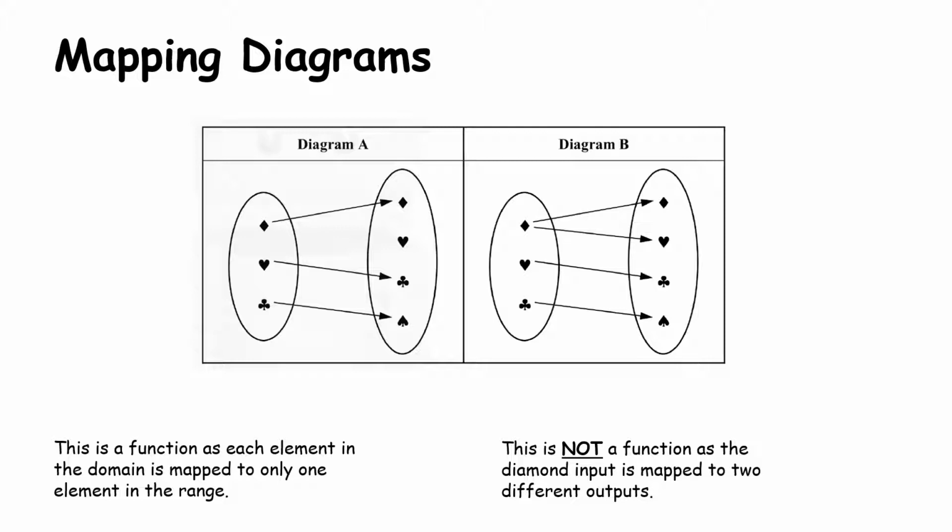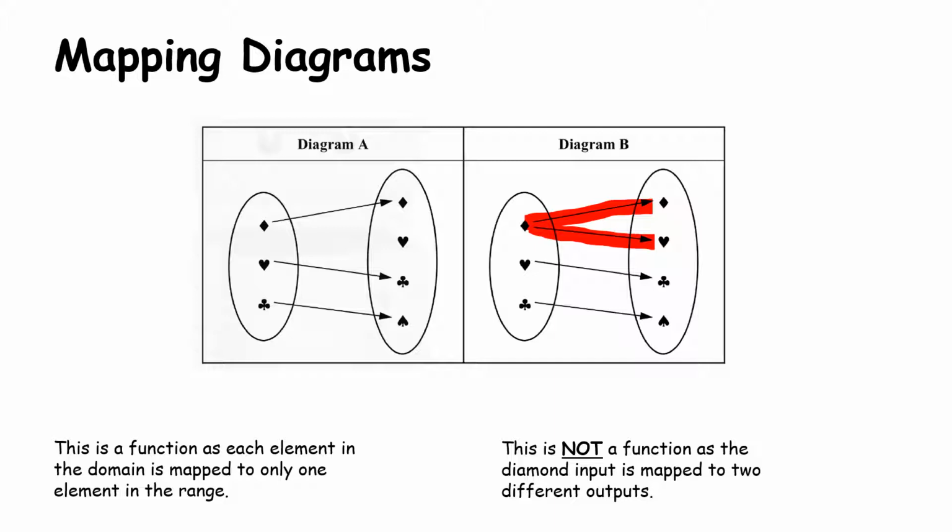The second diagram, diagram B, is not a function, and the reason for it is this. Here we have two mappings from one input. So this is not a function as the diamond input is mapped to two different outputs. Let's take an example that might make this clearer.